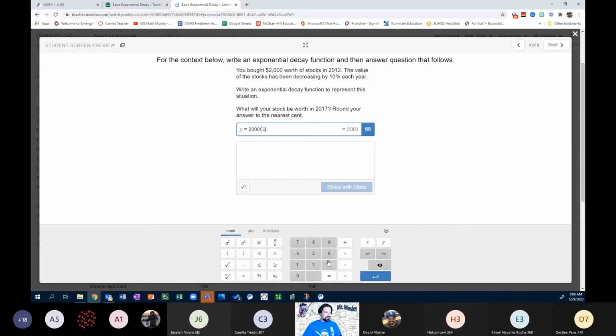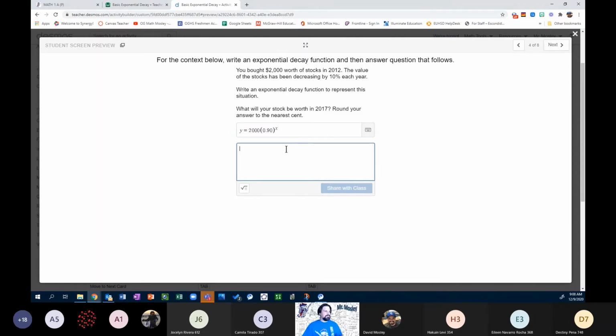We could use 1 minus 0.10, and then we use this button here, the A with the little b, to put us up in that exponent spot, to the power of x. And we can get to letters here if we want to use that. So this is one way we can represent it. The other option is to actually just do the 1 minus 0.1 and have 0.90 or 0.9. Both representations are correct.